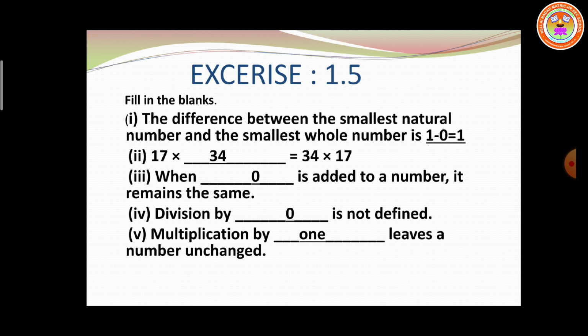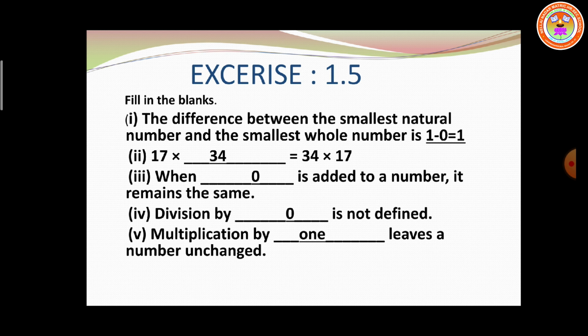Very good, it is commutativity of multiplication. They have changed the order. So you have to write 17 into 34 is equal to 34 into 17. In case they didn't give 17, you have to write 17. Is it clear?